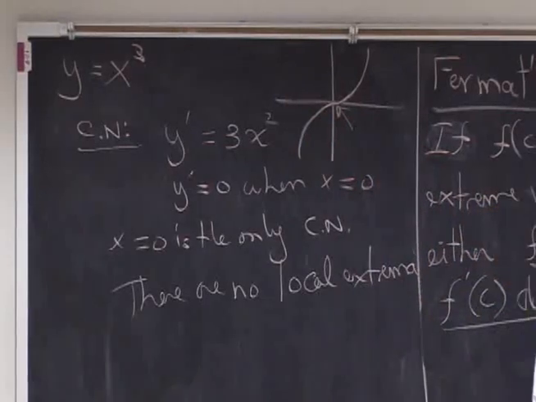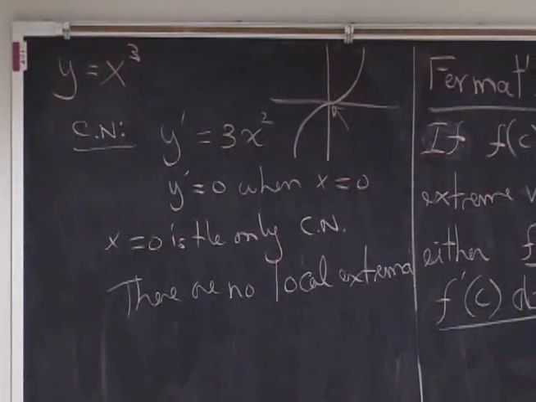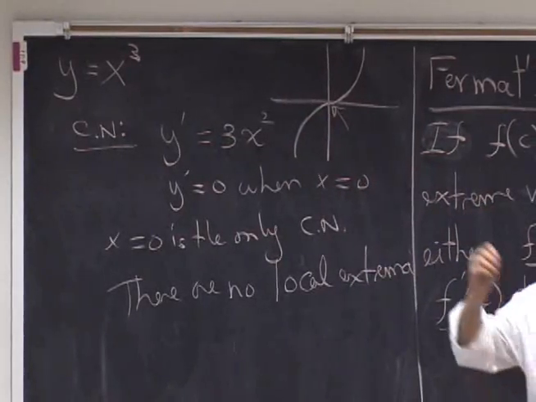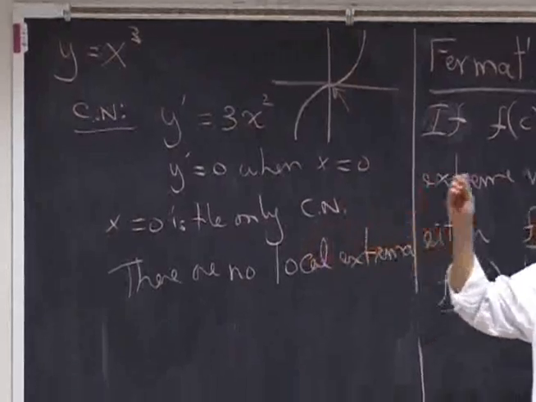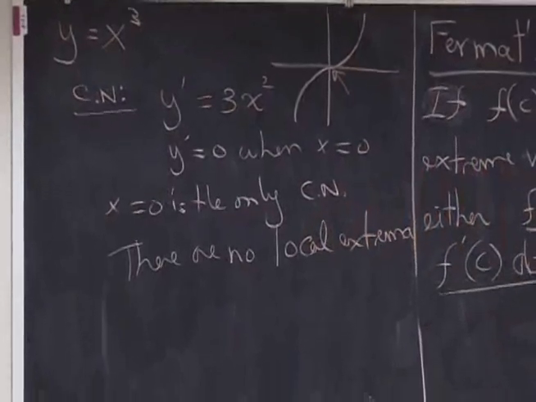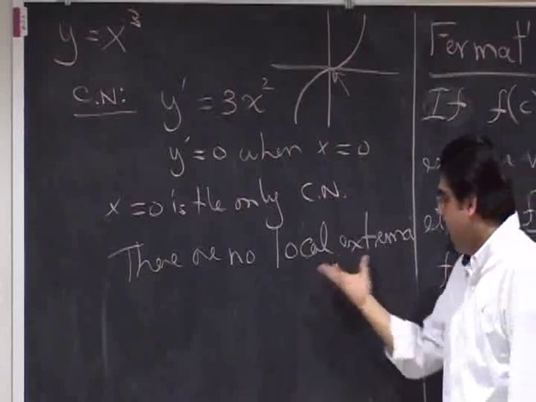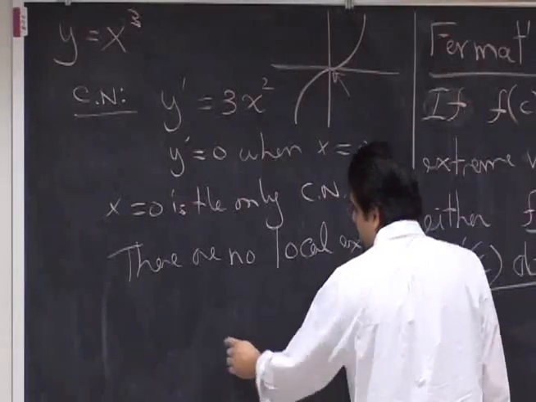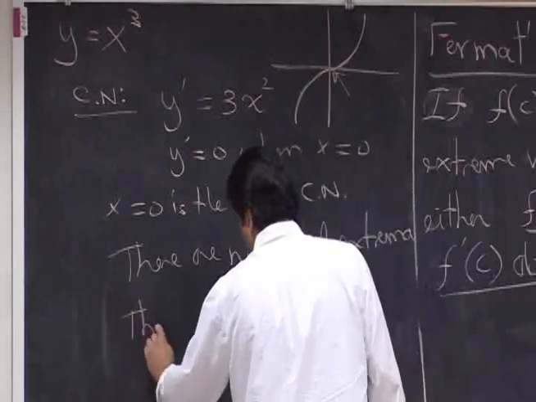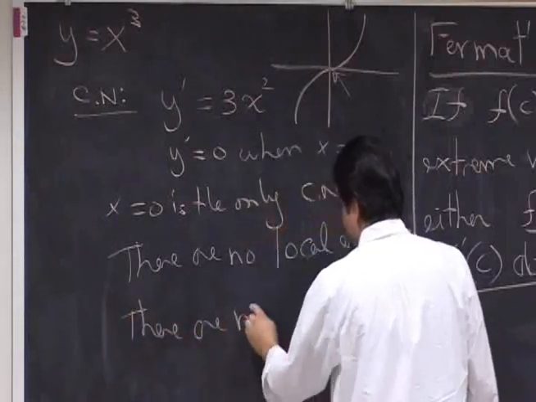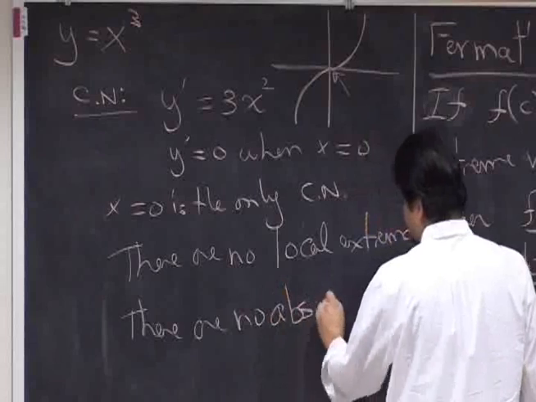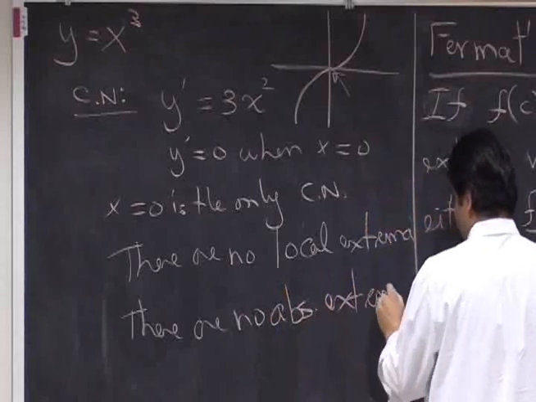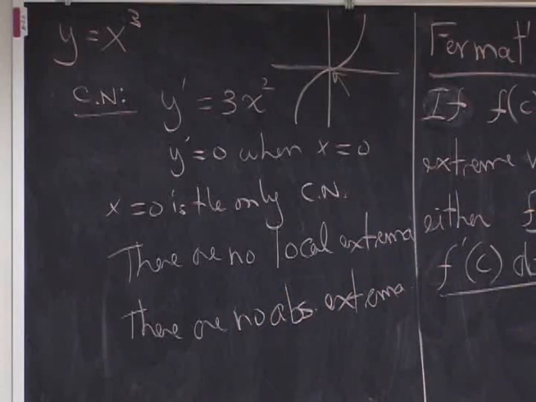And so those were the other places to look for absolute extrema, right? Remember when we said we're either going to look at the endpoints or within the interval? Well, within the interval, there are no candidates and there are no endpoints. So we can say very confidently that there are no absolute extrema. There's no absolute min, there's no absolute max.